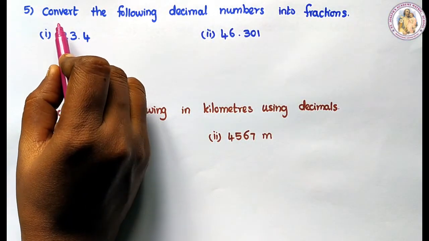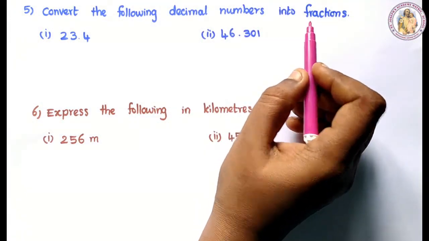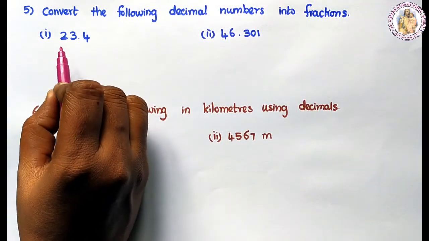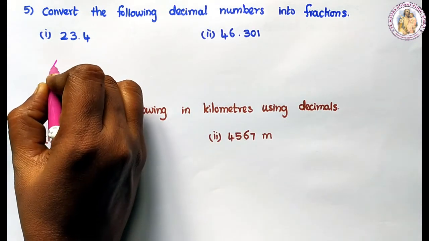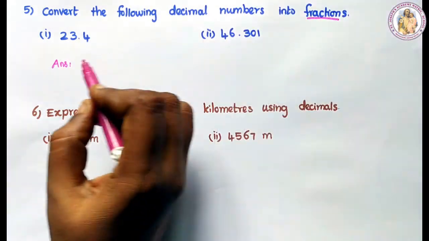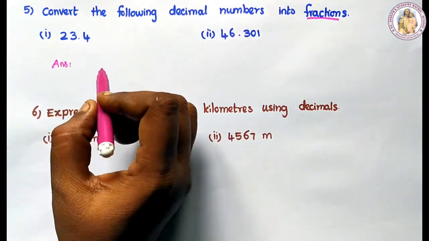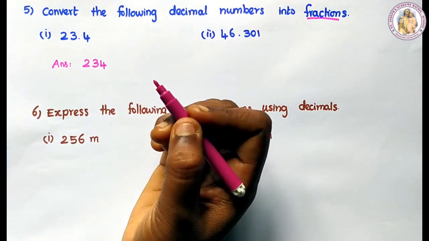Fifth one, convert the following decimal numbers into fraction. We already seen that. Listen, first one, 23.4. We have to convert into fraction. So write the number as it is without the point.